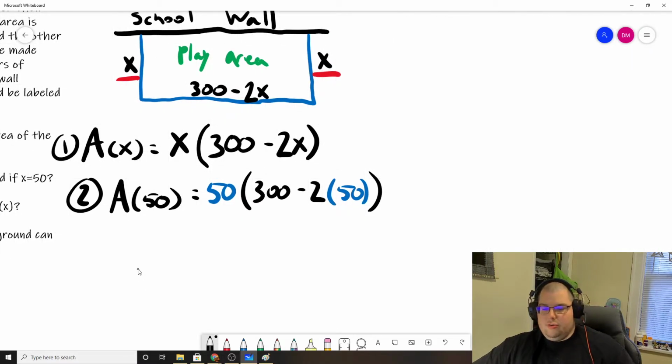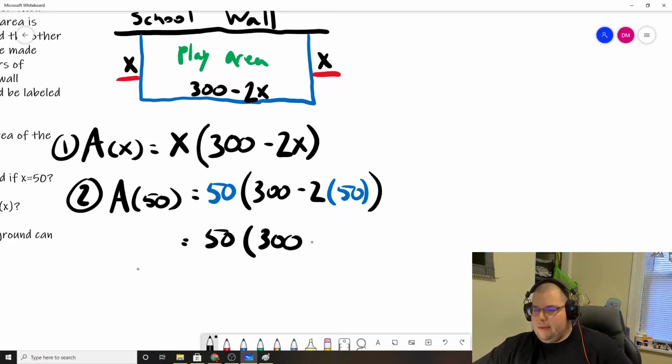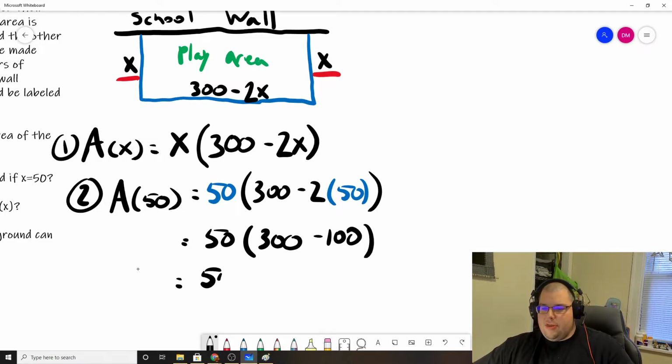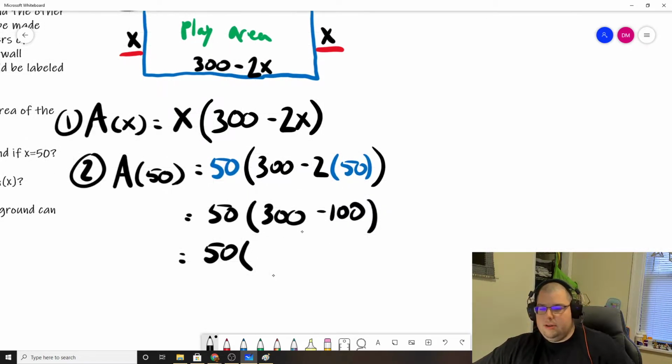And so I'm just going to simplify this and solve. So that's that outside 50 times 300. The first thing I can reduce is that 2 times 50, which is 100. And then 300 minus 100 leaves me with 200.